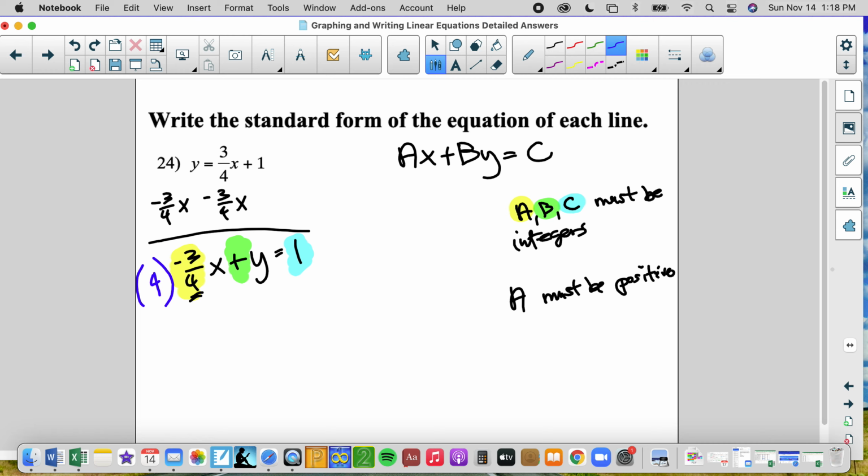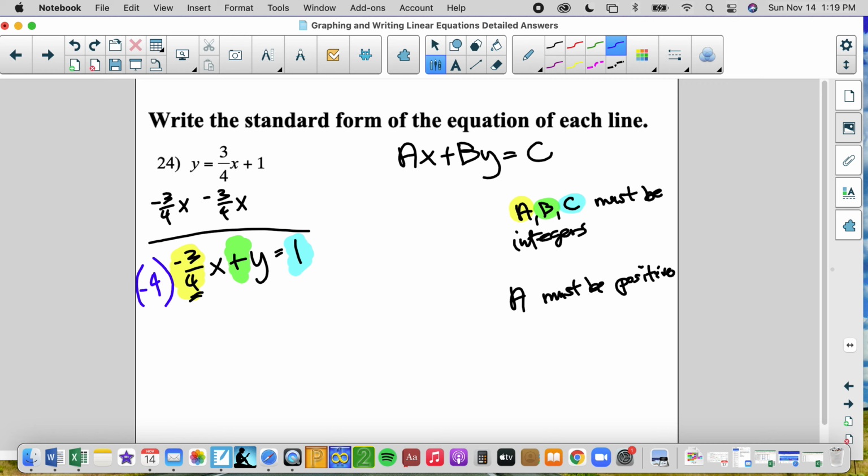I am not taking the reciprocal. The reciprocal will get rid of it as the A value, but it will create more problems down the road. We're only concerned about the denominator, and that's 4. Now we also have to make it positive. So what can I multiply a negative by to make it a positive? Another negative. A negative times a negative will make it a positive.